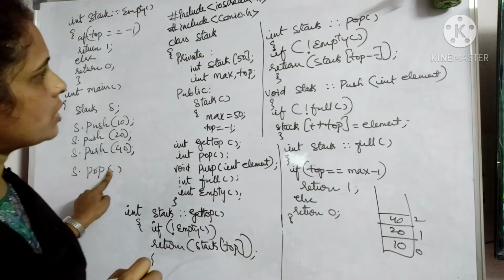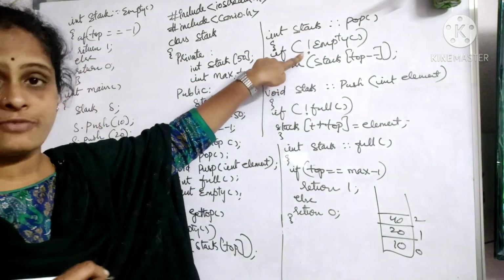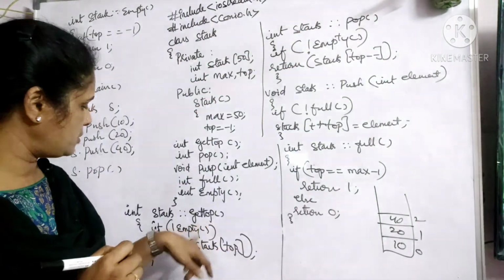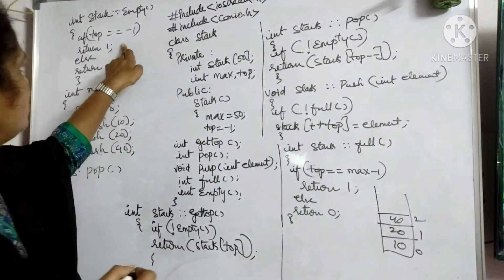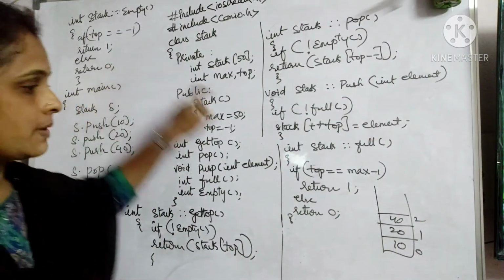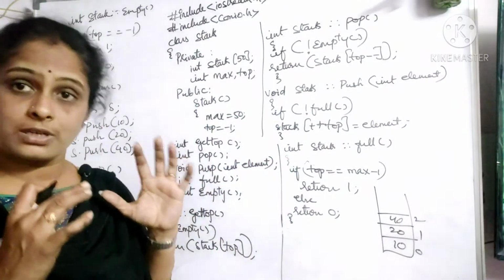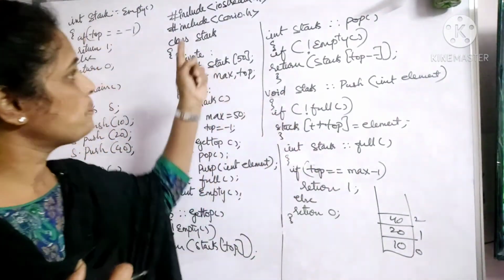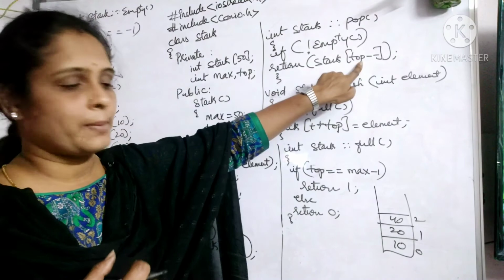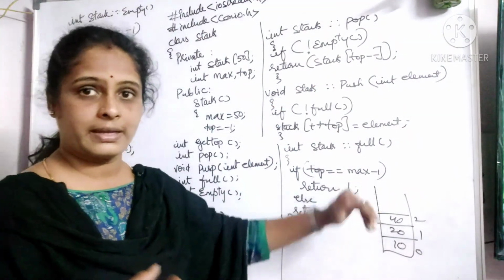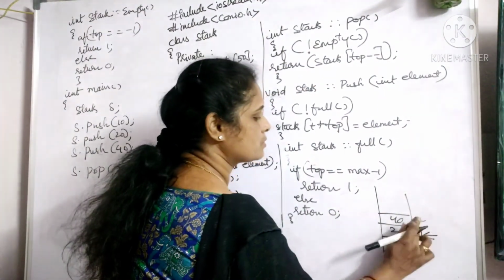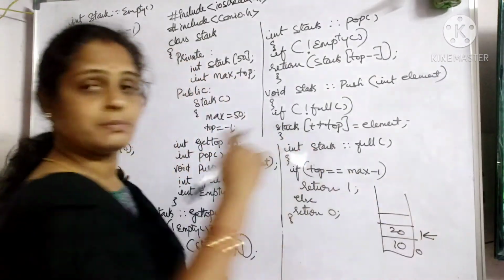The pop operation will check if it is empty. No, it is not. Top is not at minus 1, it is at 2. So yes, the deletion operation is possible. So what happens here? Stack of top minus minus. Top is at 2, so it decrements and moves down by one.